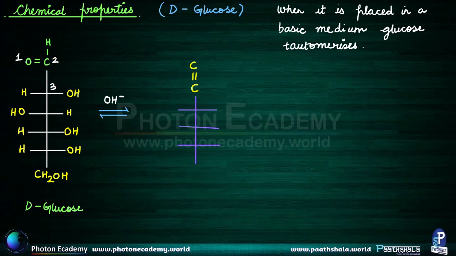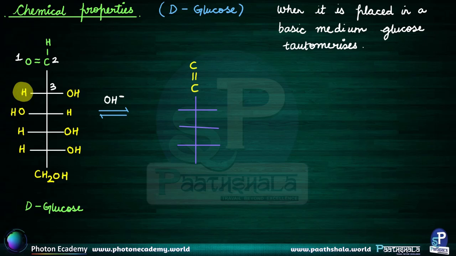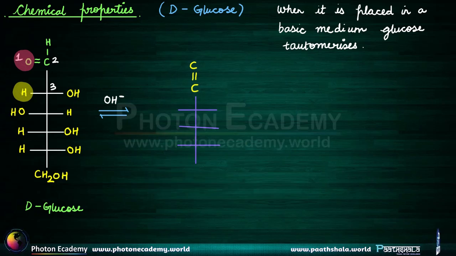Now, if we carefully place the other groups that are left, what is actually going to happen in this tautomerization is that this H, which was attached to the third carbon, is going to go towards this O, and now we're going to get an OH. So this H goes with this O, and we get an OH over here.